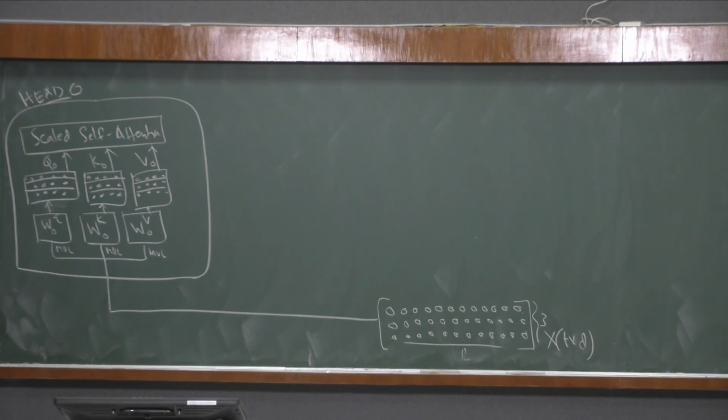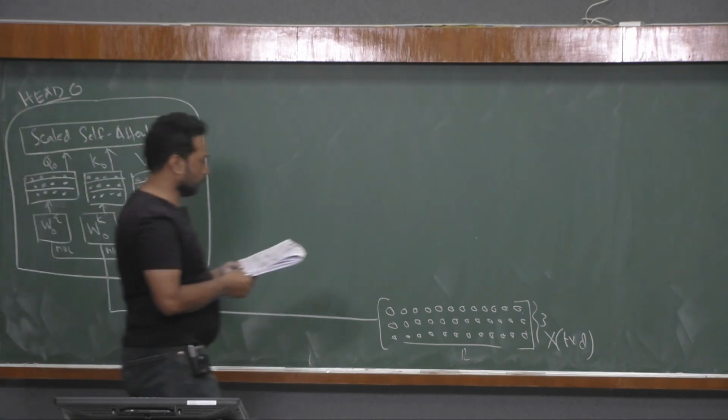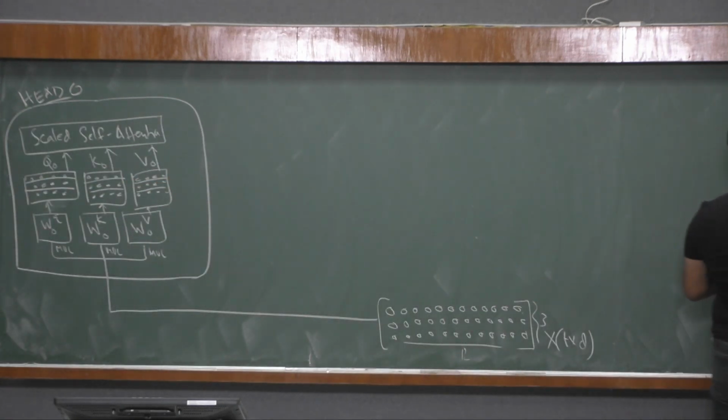After doing these operations, the scaled self attention formula that we wrote takes Q0, K0, V0, and then it produces an output. So why do we need multiple self attention heads?